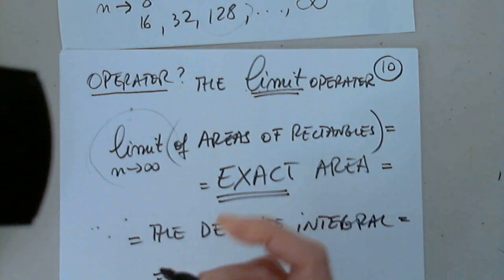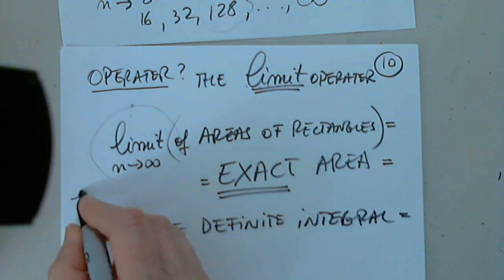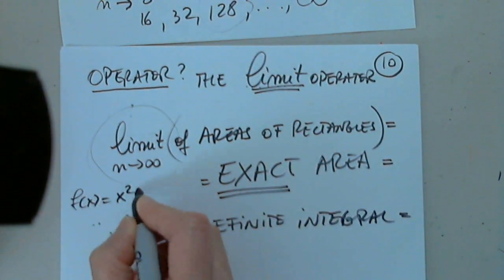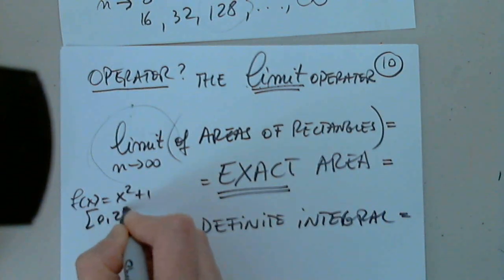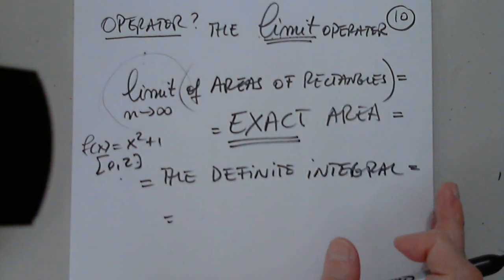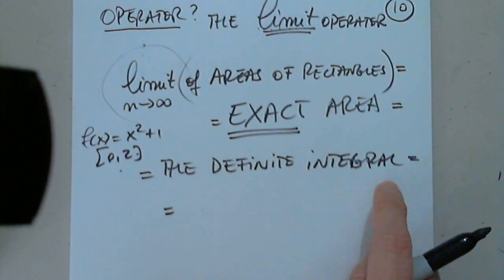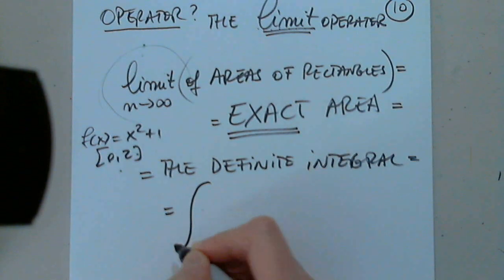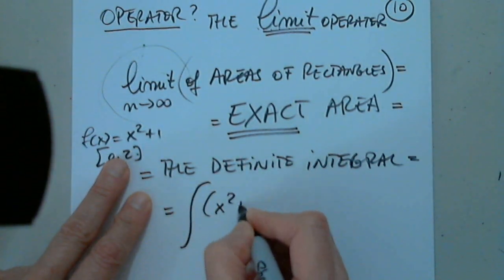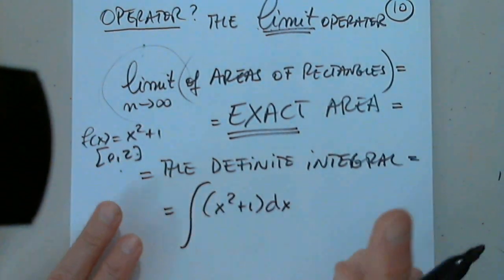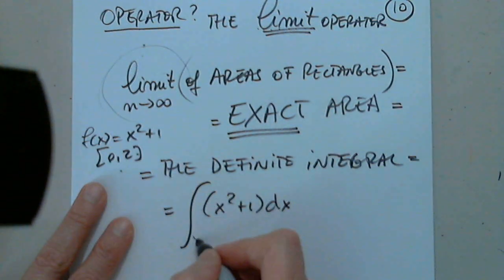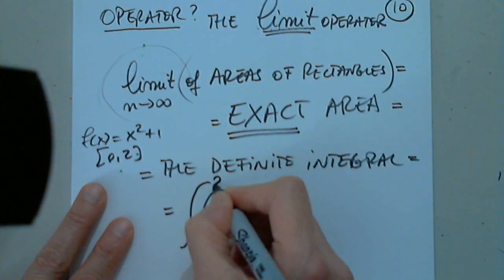I'm going to write it here for our example. Remember, f of x was x squared plus 1 and the interval 0, 2. I want you to see it now so that from the very beginning you understand the difference between the two integrals. The definite integral will be the same, no change except to 1, from 0 to 2.